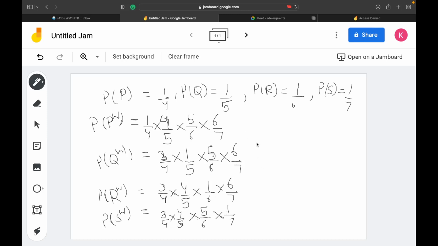Then we will add all these quantities, because we want either of them to win the race. So we want the union of all these events. That's why we will add the individual probabilities.